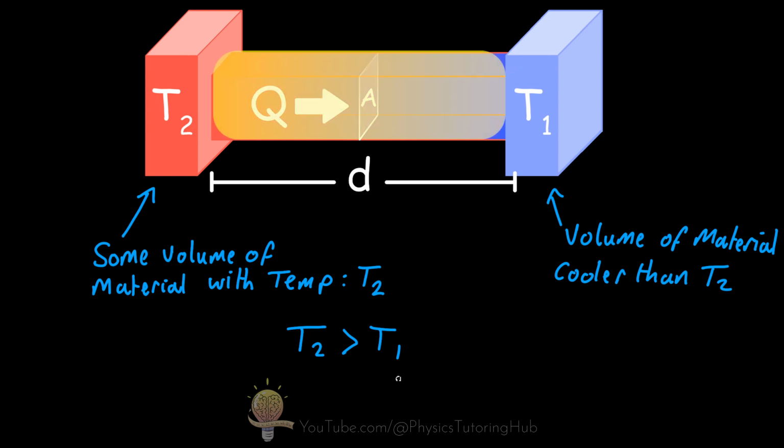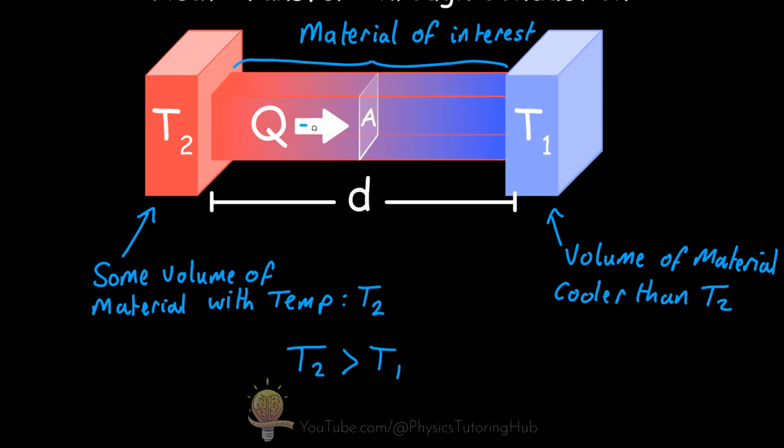And this material here could be part of a glass window. So heat energy will move through the glass from the higher temperature region to the lower temperature region. The larger the cross-sectional area here of this glass material, or whatever material we have, the higher the rate of heat transfer, because the number of atomic collisions between the outside and the material surface increases with a larger area.